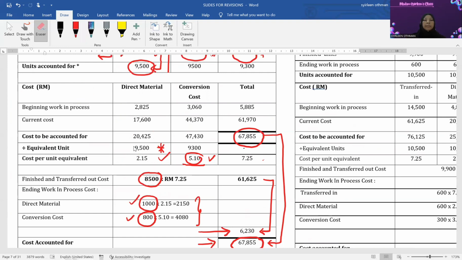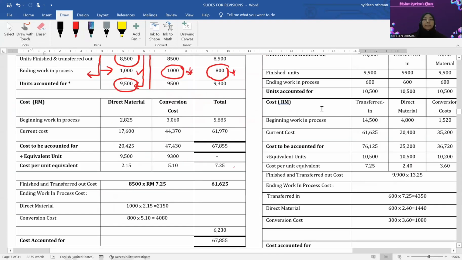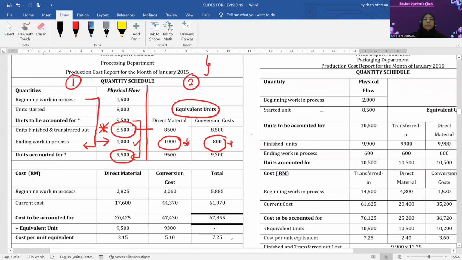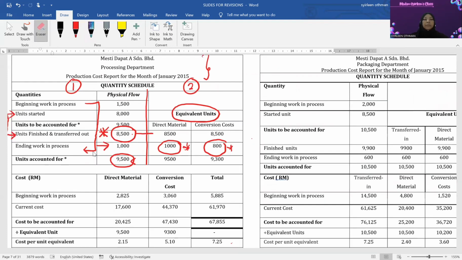Okay, so kalau dekat sini tadi, okay, once we finish all this, so ada beberapa item yang kita akan pindahkan to the next department. Okay, alright. So now, kalau kita buat the next department, okay, for department 2. Alright. Okay, you can see here you have the started unit in department 2.